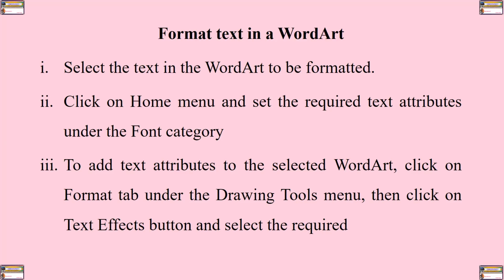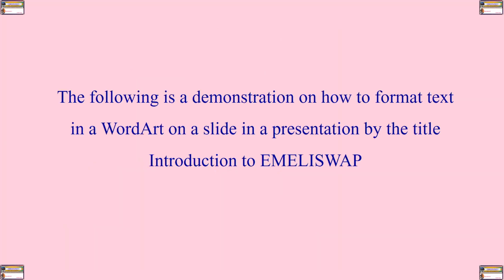In other words, if you want to add text attributes or text effects into a WordArt, you click on that WordArt and then you click on Format tab under the Drawing Tools menu, and then you select the text attributes of your choice.